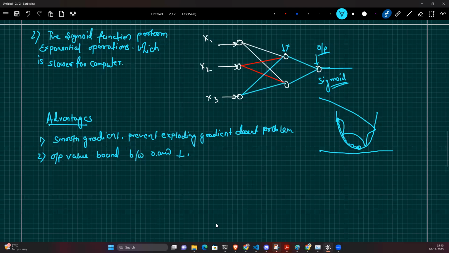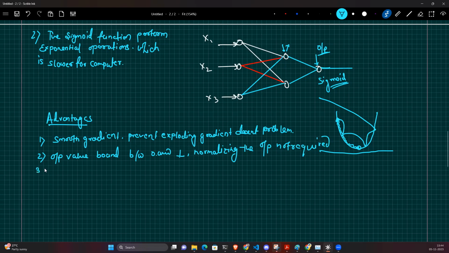If the input feature is continuous data, not categorical. If it is categorical, meaning 0 or 1, or 1, 2, 3, then we should not apply normalization there. So if the output value lies between 0 and 1, the values are already normalized, so normalizing the output is not required. It's already normalized.